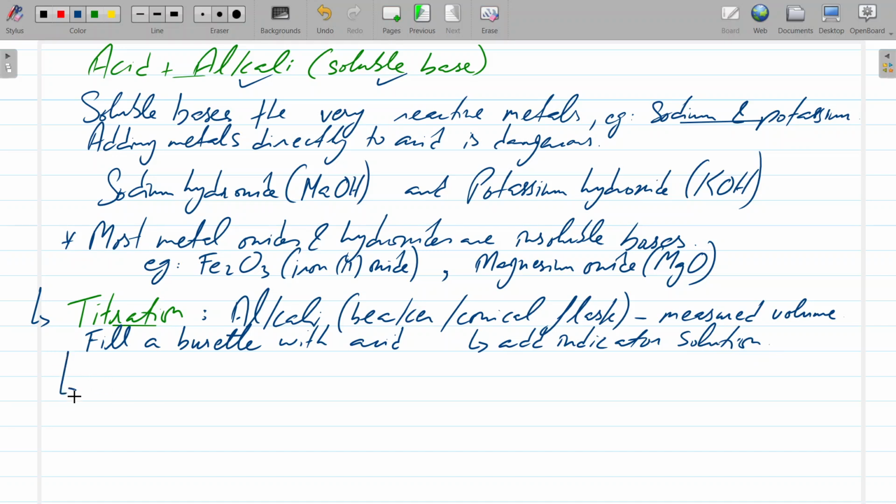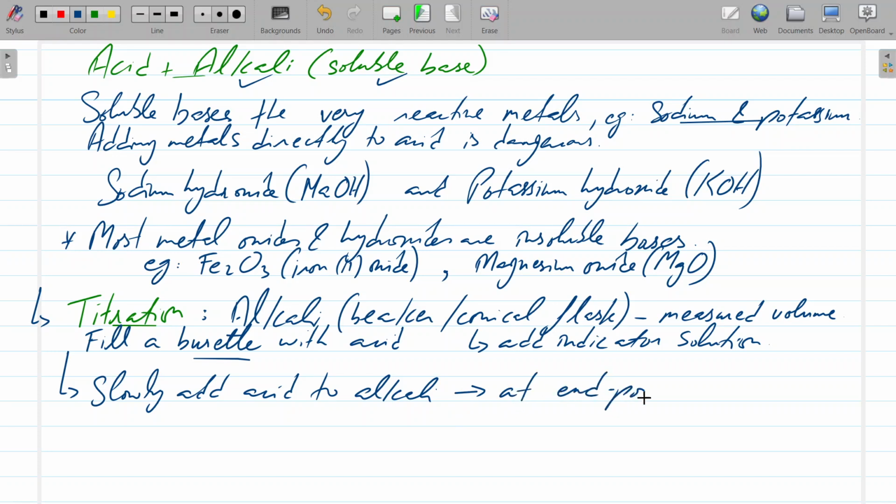Then what you do is slowly add acid from the burette to the alkali in the beaker or the conical flask. And what will happen when it reaches what is called the end point? Because it's a neutralization reaction, what does the end point mean?